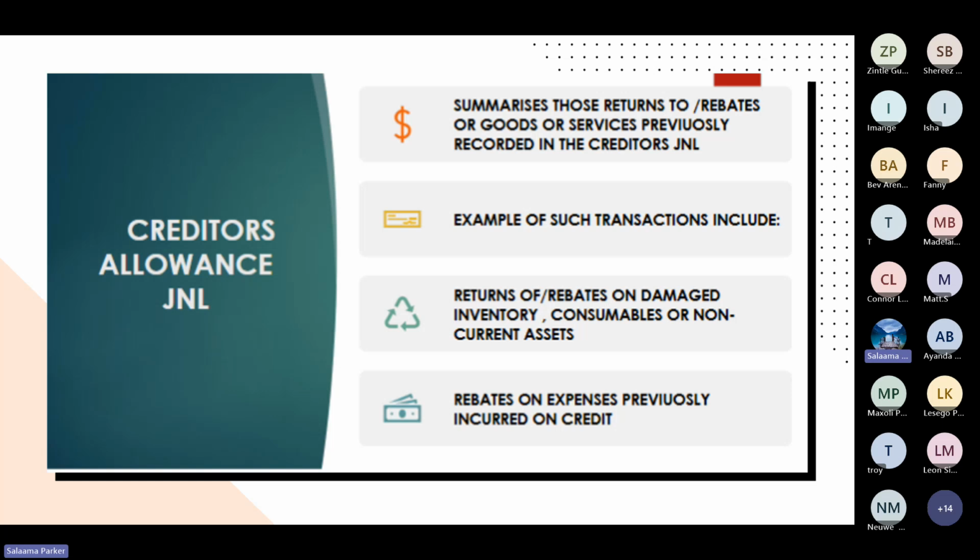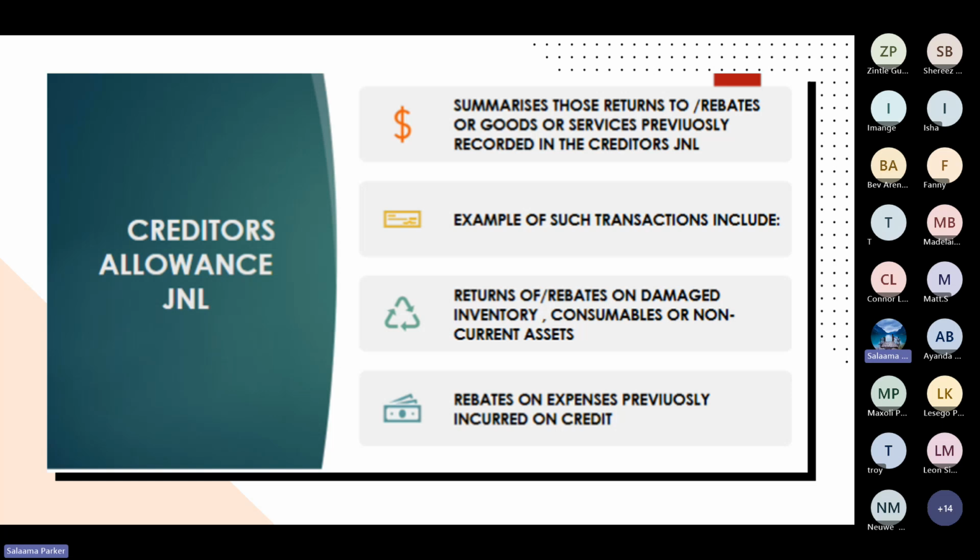Then creditors allowance. What transactions do we record in our creditors allowance? Any returns or rebates, and also any returns or rebates regarding damaged inventory, consumables, or non-current assets, or any expenses previously incurred on credit.